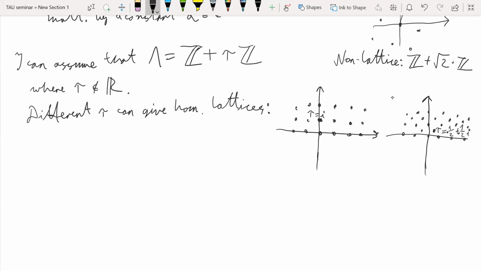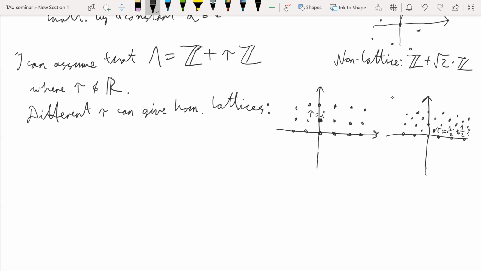Or I'm going to answer this question slightly differently. If I am given some value of tau, for example, tau equal to i, then what other values can I take for tau to give us a homothetic lattice? And okay, how is that going to work?